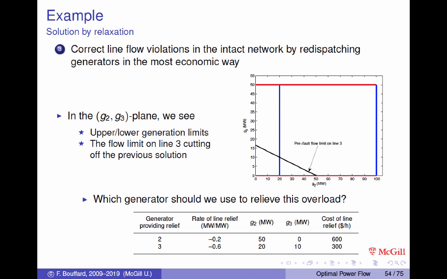So by changing the output of G2 and G3, we are able to find solutions which are still acceptable for us. And you can see also here what is the cost of having to provide relief for this situation.